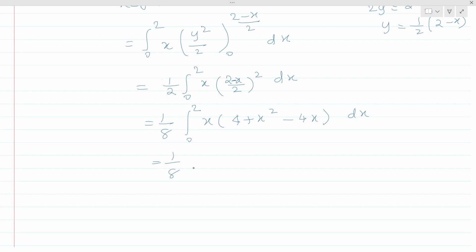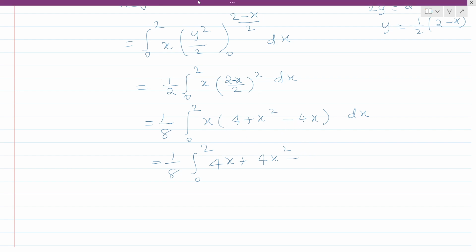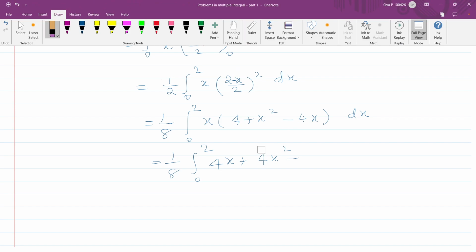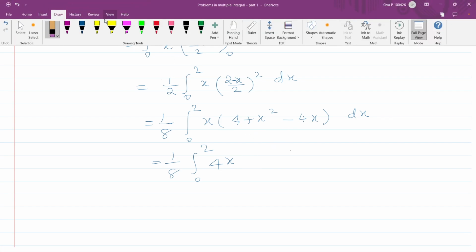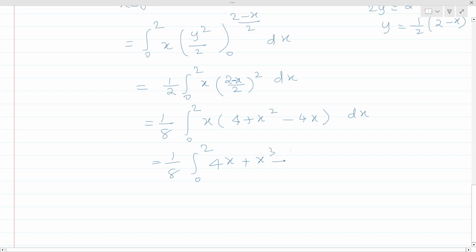We have to multiply that x inside, from 0 to 2: 4x plus 4x square minus 4x cube. Sorry, no, it's not correct, we have to change it. We are multiplying x, is it not? So therefore, 4x plus x cube minus 4x square dx.